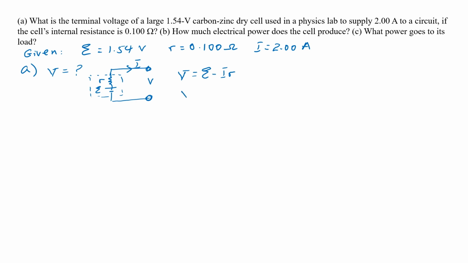So the voltage is going to be 1.54 volt minus 2.00 amp multiplied by the internal resistance, which is 0.100 ohm. The terminal voltage will be 1.34 volts.